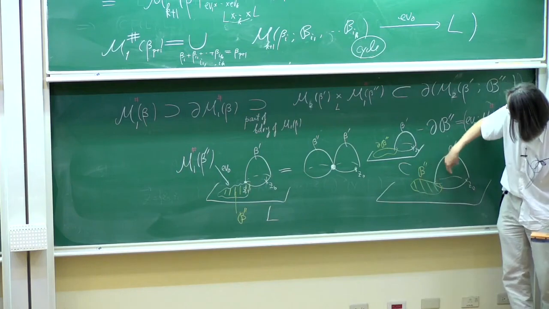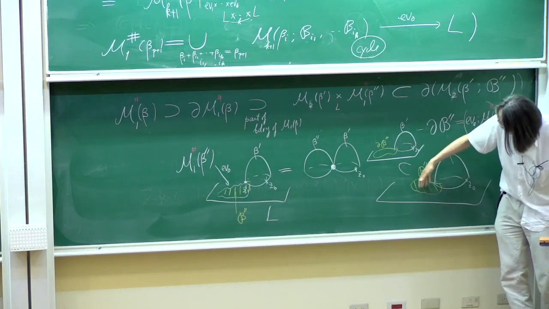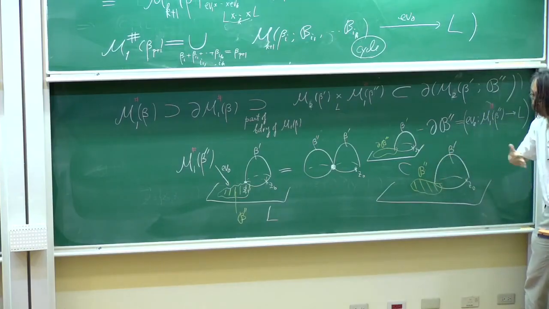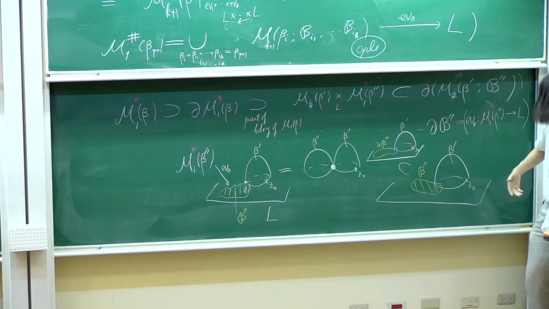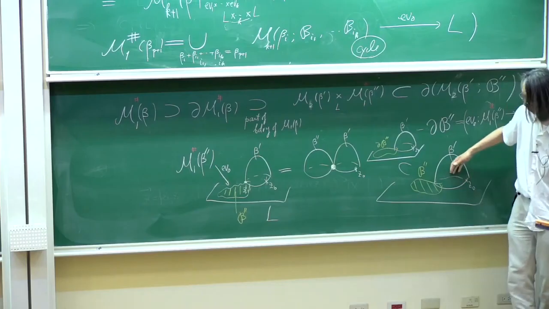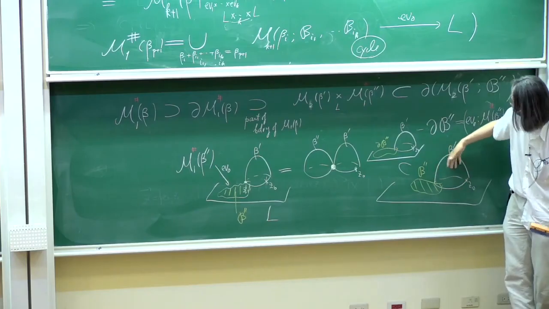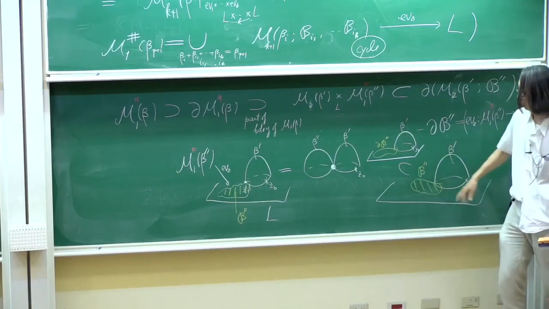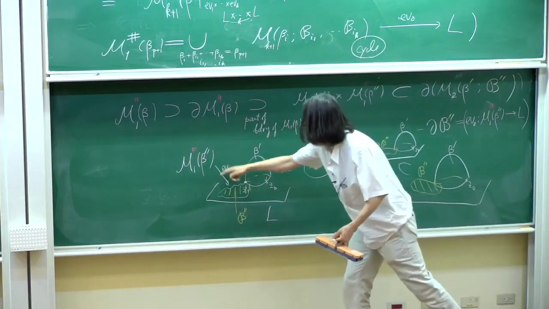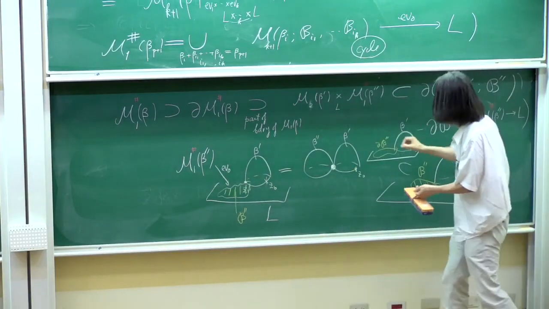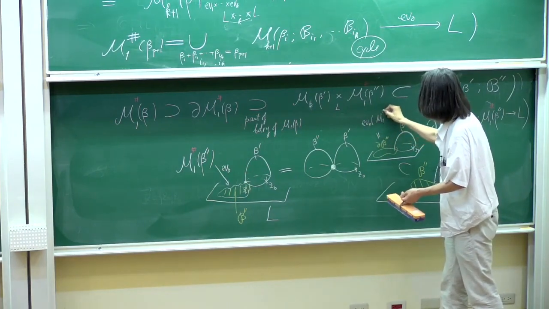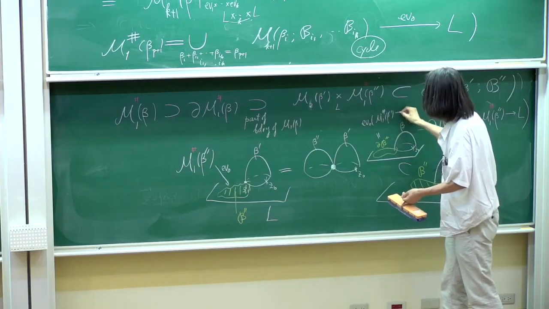So you consider the condition that this disk meets some point on this chain. And then look at the boundary of this. One possible boundary is actually the boundary of this one. That is another kind of bubbling. Another type of boundary is the fiber product of this guy with the boundary of this guy. And that is nothing but this. But this one is equal to F0 of this M1 sharp of beta double prime going to L.